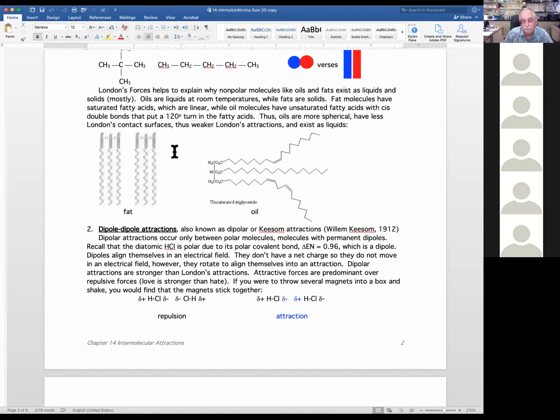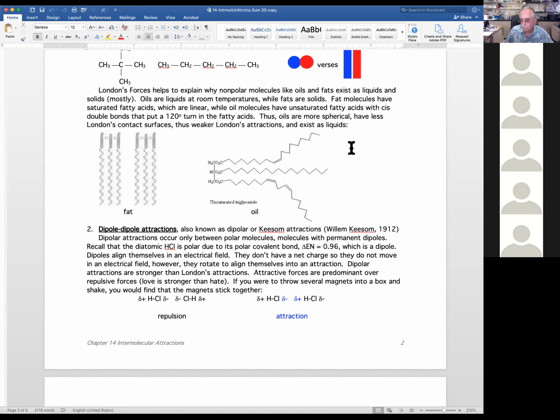Now, if you've heard of unsaturated fats, what they're really talking about is the fatty acids that make up an oil. So again, here's glycerol, same thing over here. Here's the ester linkage between the carboxylic acid and the alcohol of glycerol. And notice that you have the same squiggly line right there, but look at these double bonds. Those are unsaturated.